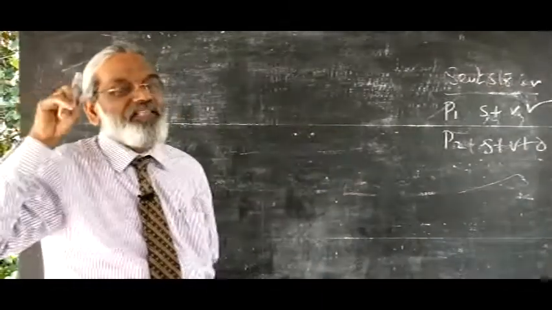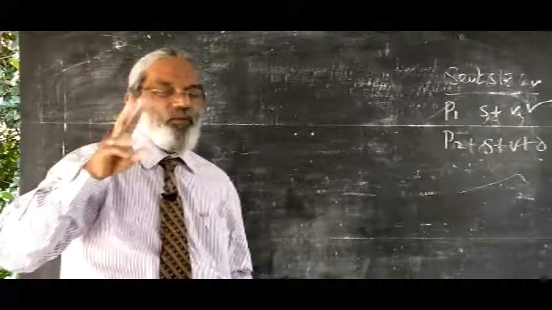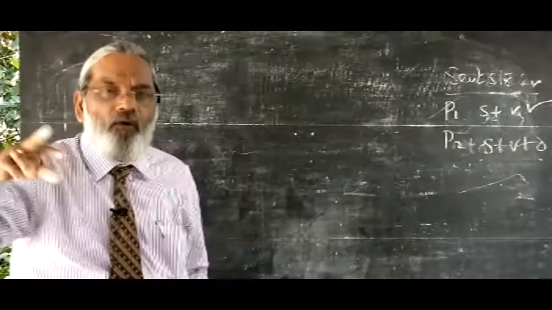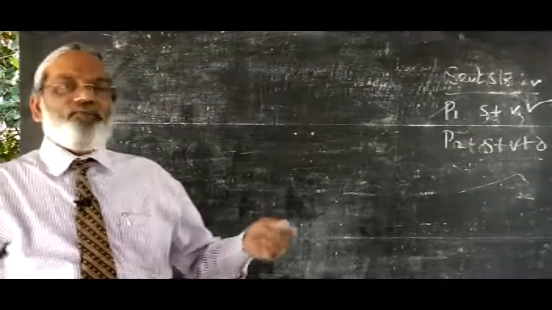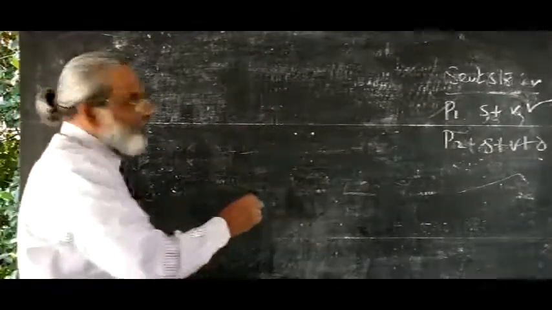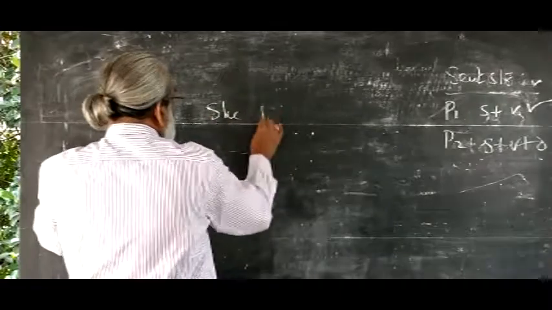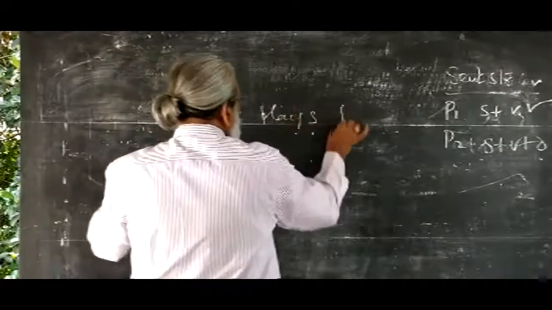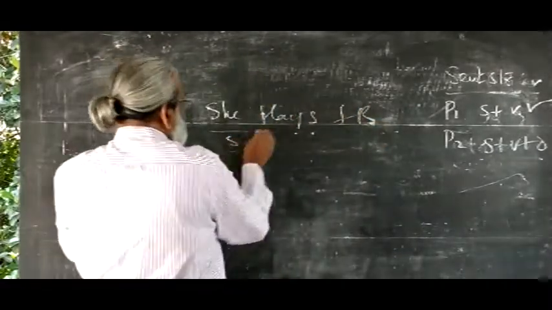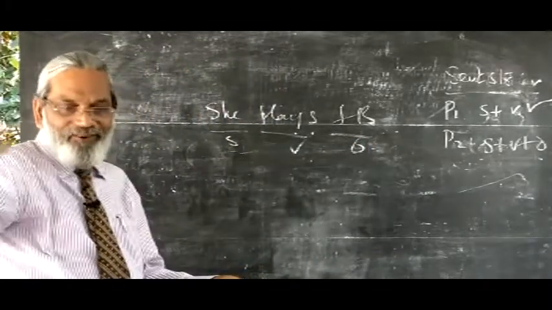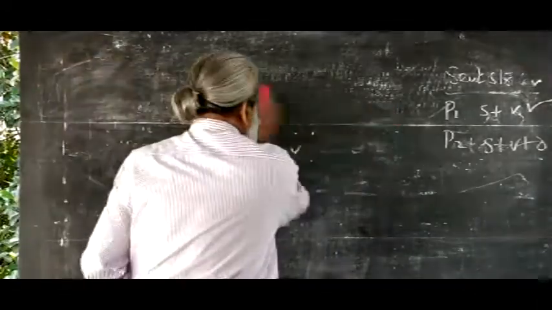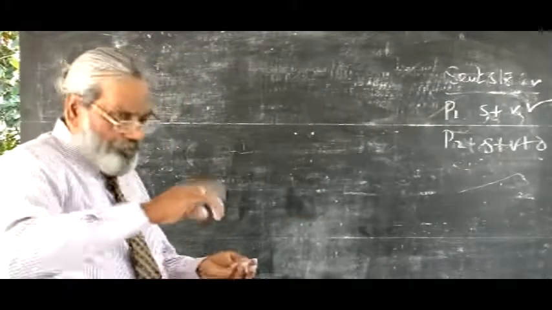Pattern number 1 is S plus V. Pattern number 2 is S plus V plus O. Once you get the subject, verb, object, that will be S plus V plus O. For example: she plays football. She, subject; plays, verb; football, object. Pattern number 2 is over. Like that you are supposed to write all the elements.